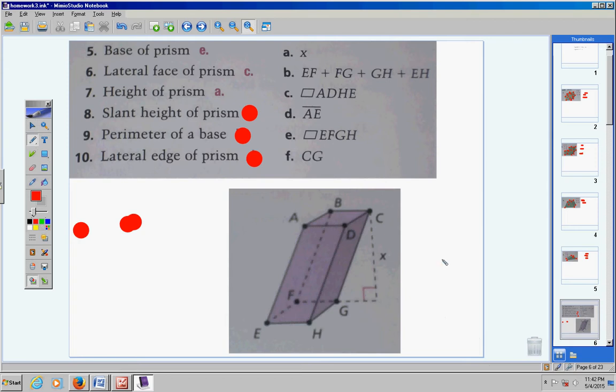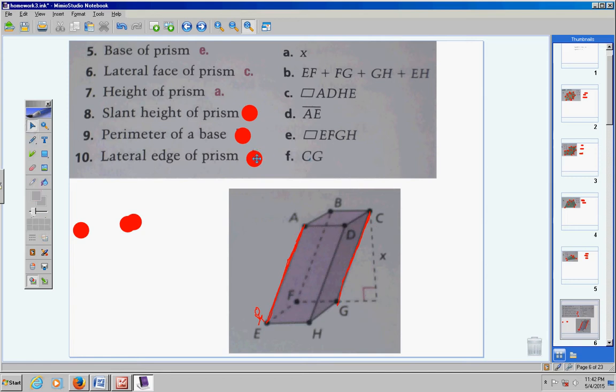If you were standing on the edge here and you want to toss down a rope for your friend down here to climb up the edge right here, okay? And of course this slant height here will be the exact same slant height as this one over here. And that's CG. And there's CG right there.